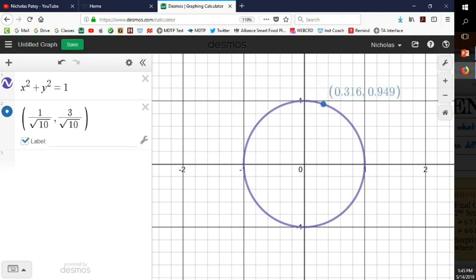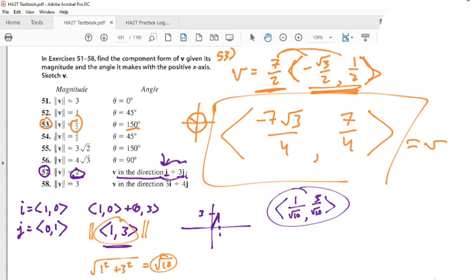Okay. So how do we make this guy have the length of 2? Let's multiply up. So we get 2 over rad 10, which we want to change, and then we get 6 over rad 10, which we want to change as well.